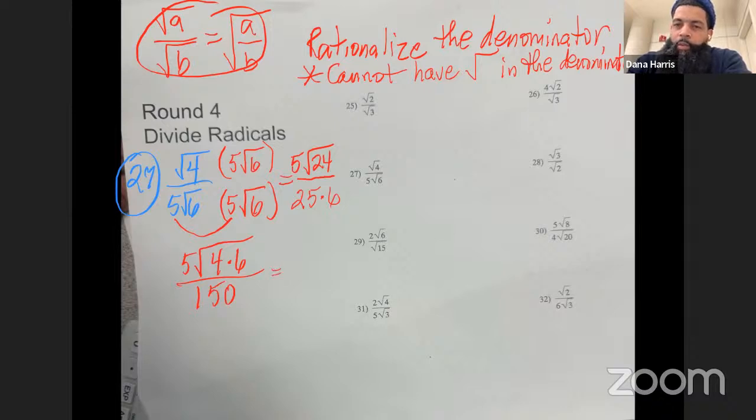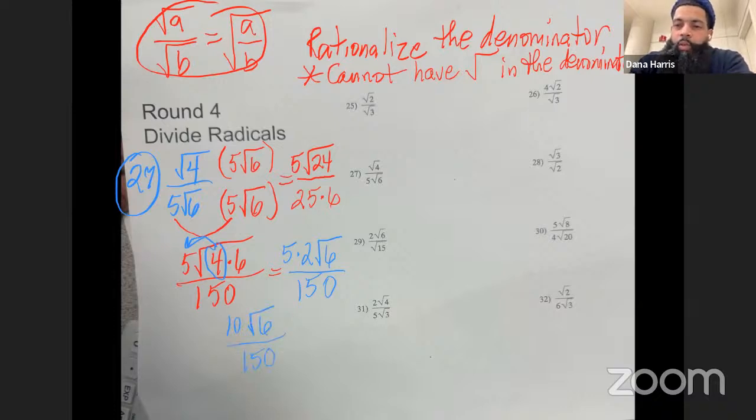Okay, but remember, I got to actually take this 4, take the square root of that and multiply it by this. So I have 5 times 2 square root of 6 over 150. All right, so I get 10 square root of 6 over 150.